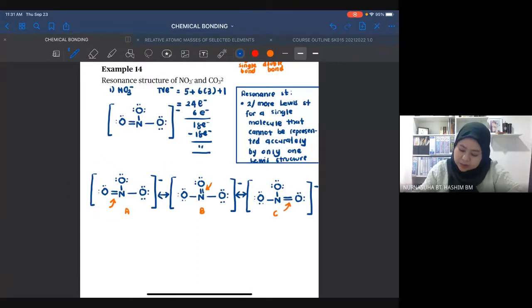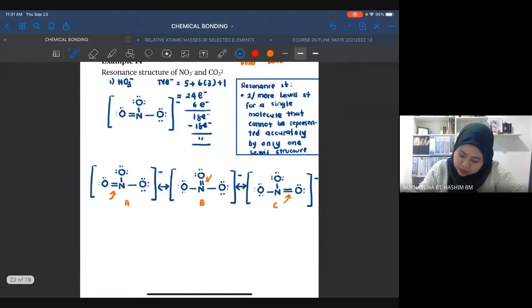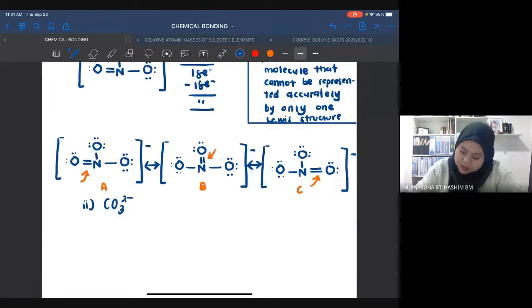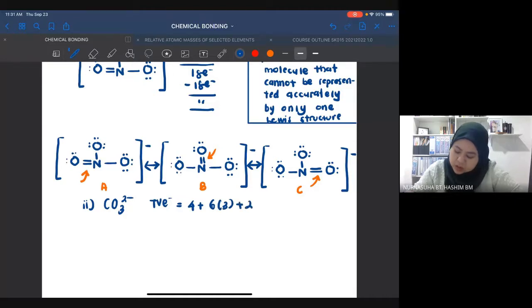Kita try buat satu lagi, which is CO3 2 minus. Okay, let's do this one. Kita kira dulu total valence electron. Carbon 4, oksigen 6, plus 2. 12, 22, 24 juga.